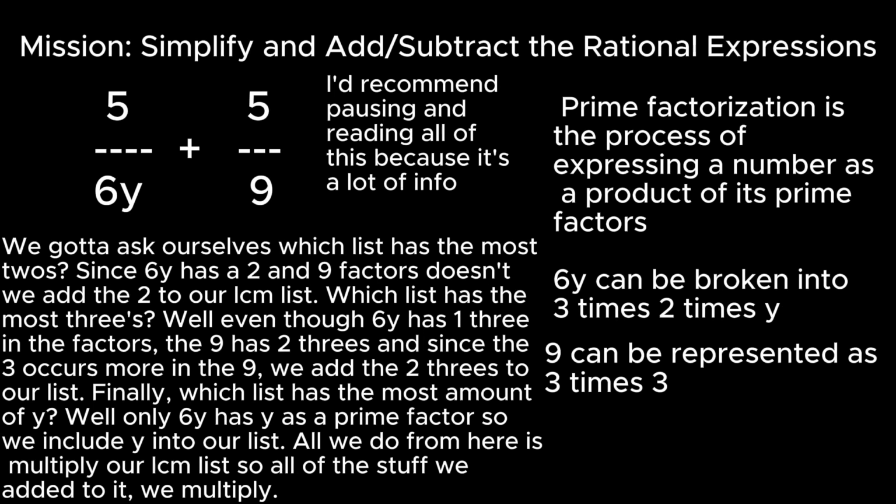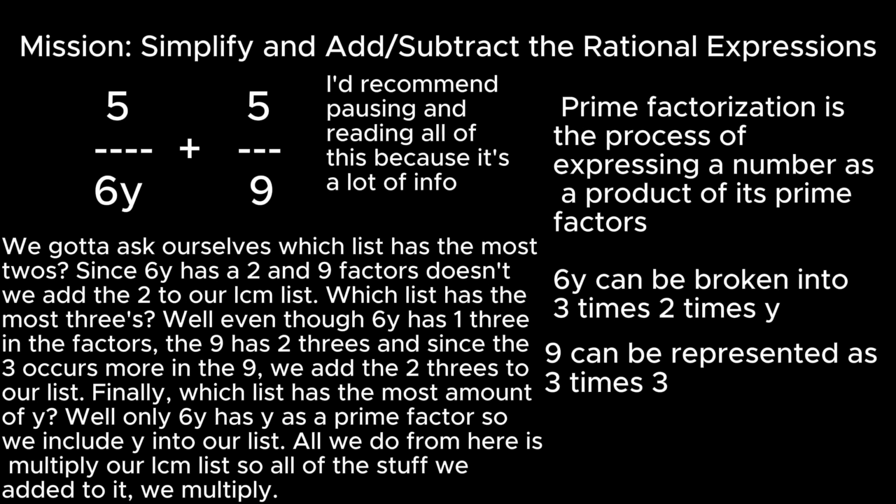Then we see there's a 3 in the 6y part, but there's a 3 times 3 in the prime factorization of 9, so we include the one where the 3 appears the most, which is the 9. So we're going to include 2 times 3 times 3.